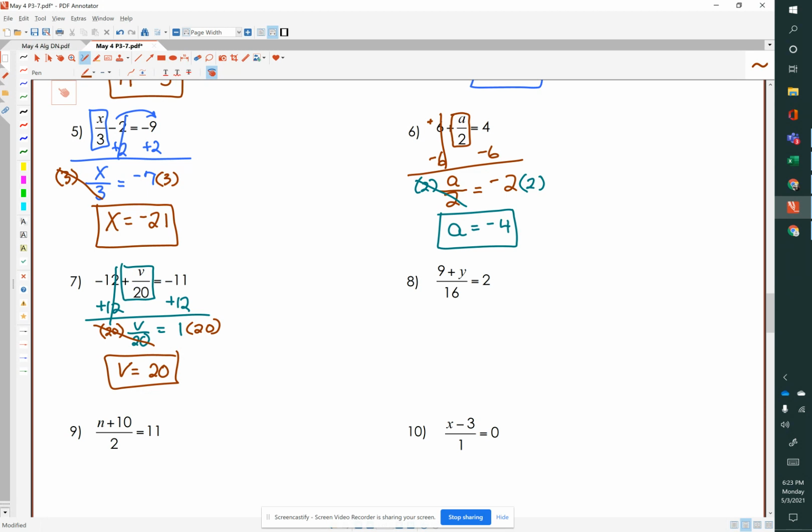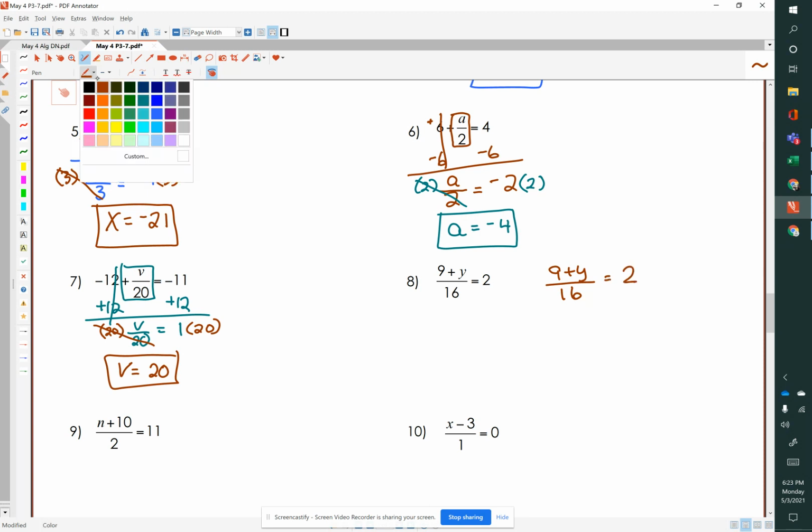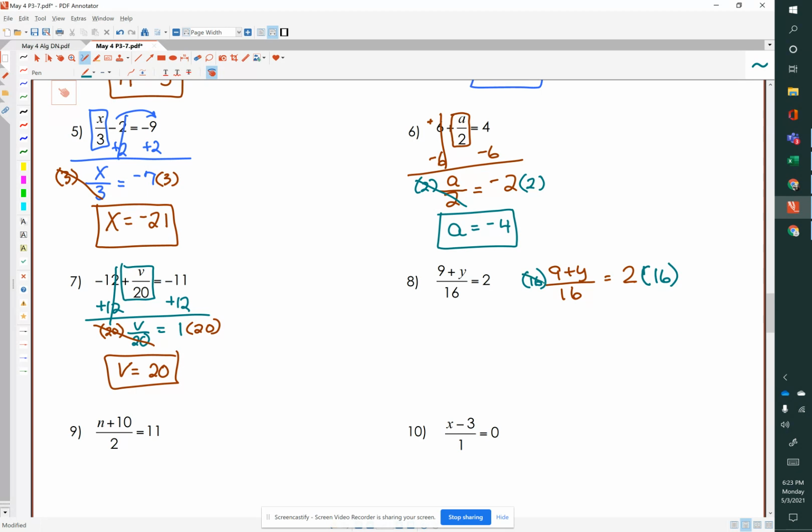Now, number 8, the way to handle this kind of problem is to clear the fraction first. So I'm going to rewrite it over here to give myself a little bit of room. 9 plus y divided by 16 equals negative 2. So the first thing I want to do is clear that fraction by multiplying both sides of the equation by 16.